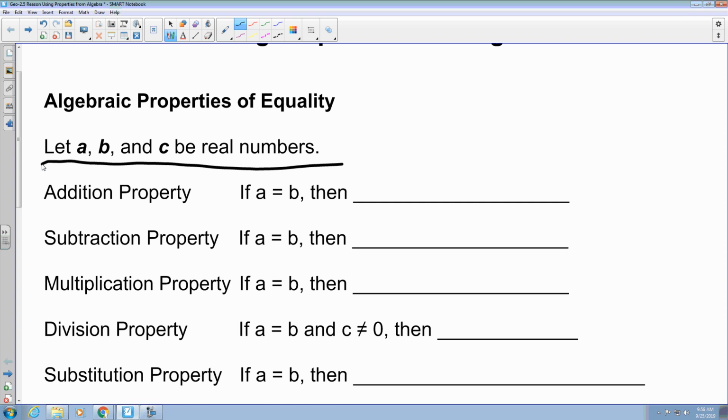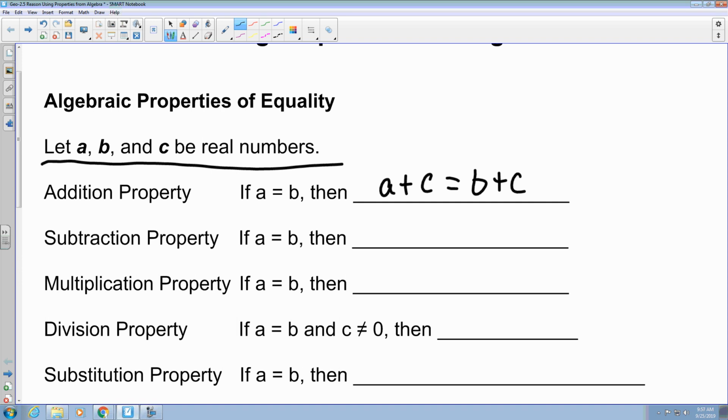They're going to fall into that real number umbrella. So the addition property of equality basically states that if A equals B, then we could add on any value C to either one of the values and still be equal. So I could take A plus C and equal it to B plus C, and you would still get the same value. Same thing goes for subtraction.